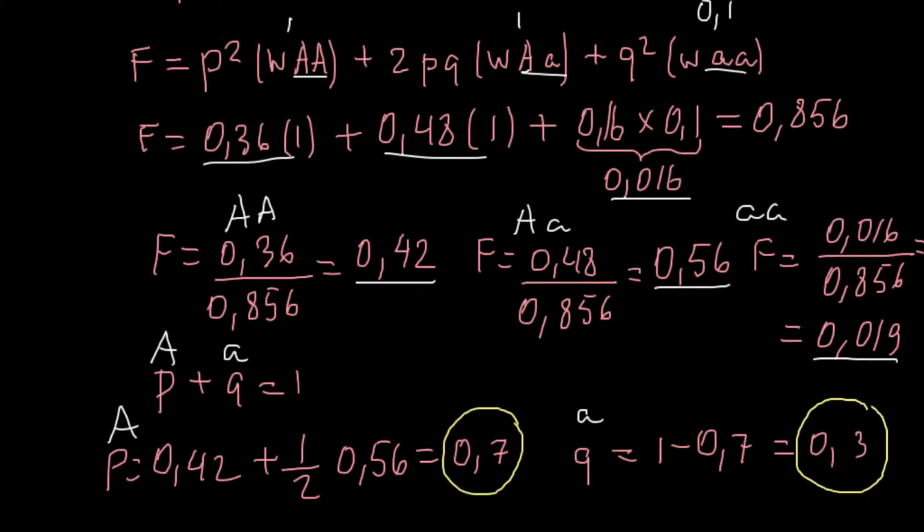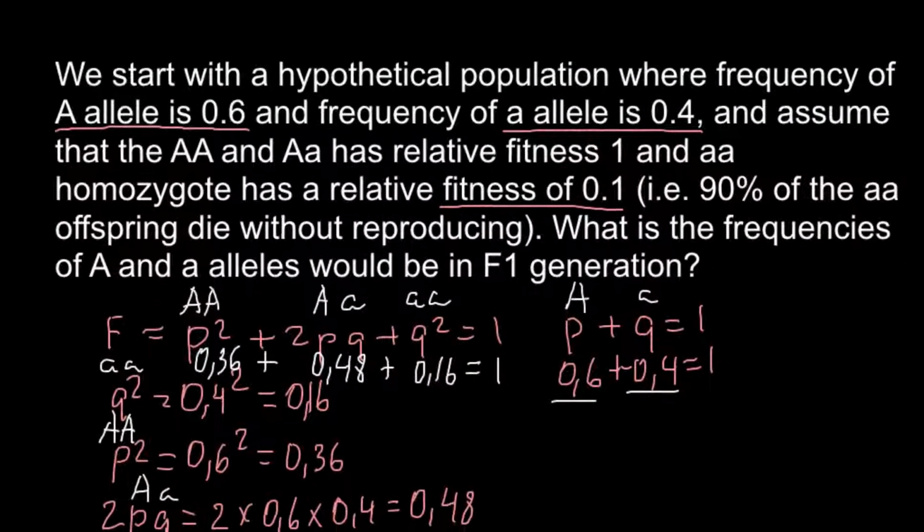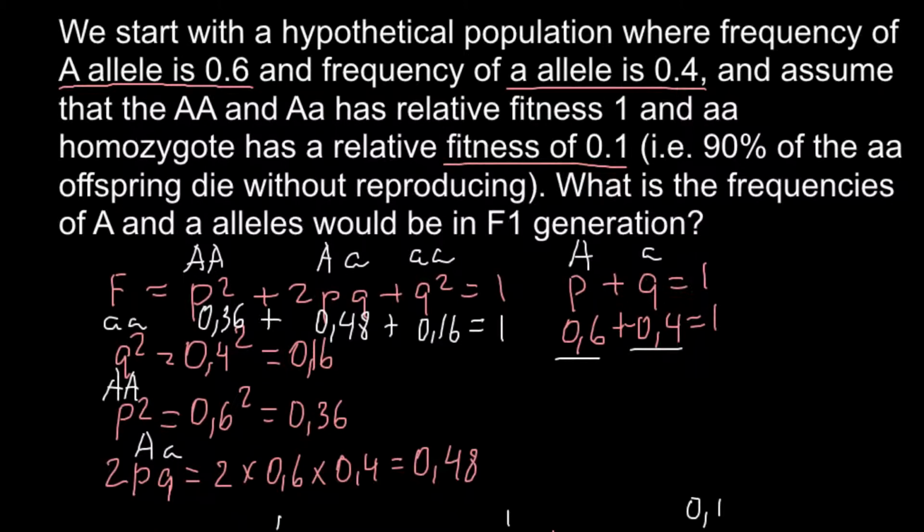And these would be the new frequencies, and if we return to our problem, you would see that the frequencies that we started with were 0.6, and for the recessive allele 0.4.